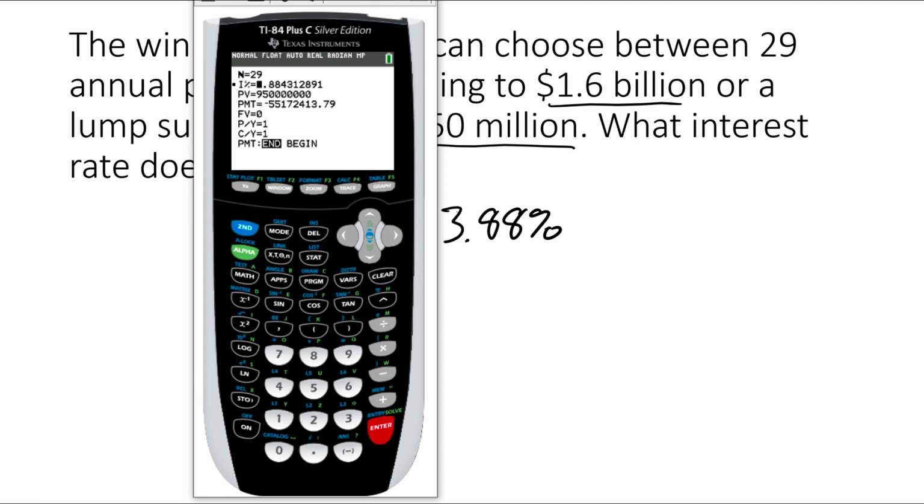That's why if you buy a house and didn't have a down payment, that would be how much that house is worth right now. So the present value of the lottery is they're saying it's worth $950 million right now or $1.6 billion over the 29 years. Those are the same amount of money if we assume an interest rate of 3.88.